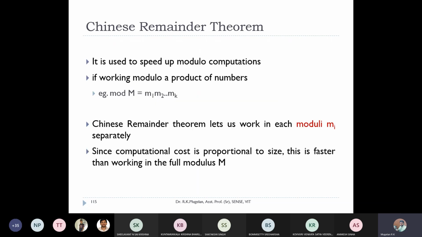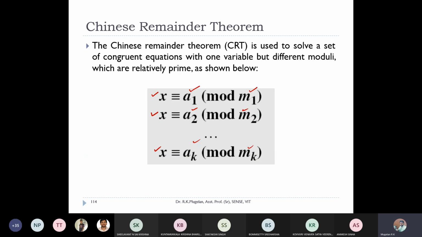We'll see how this Chinese remainder theorem works. Before this, I want everyone to note down this general expression. We'll have x congruent to a1, a2, and so on up to ak, with moduli m1, m2, and so on up to mk. If you want, take a screenshot or a picture. Once you have noted down this expression, kindly raise your hand.